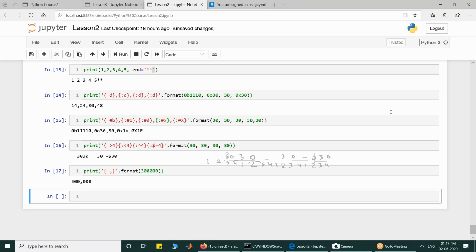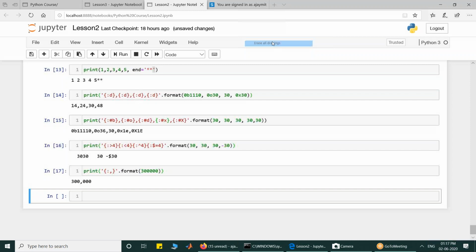It is not like ours. 3 lakh would not be written as 3,00,000, but instead after 3 places, the comma would be written. So after 3 digits there would be a comma. This is what we already discussed in the morning class.